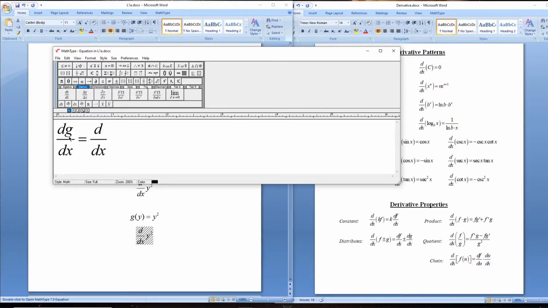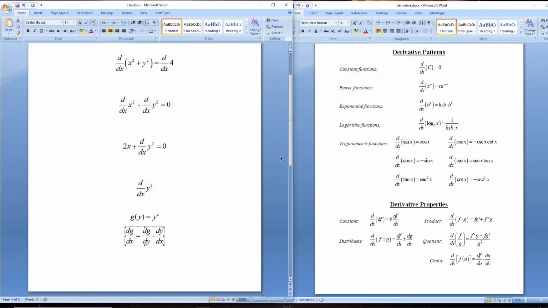Whoops. I'm actually using g for the function name. And u in a chain rule, in this case, is actually the y. And then we multiply this, according to the chain rule, by then dy over dx. And that's just the chain rule.